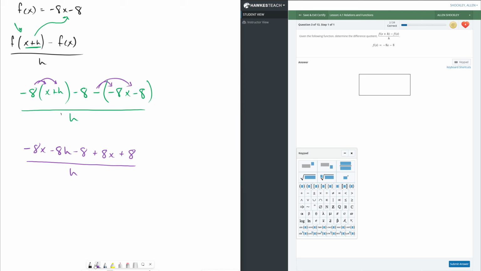So what we're going to do is try our best to combine the things that look the same. So here I have a -8x and a positive 8x. So if I combine those two together, 8x minus 8x is 0. If I have 8 and I subtract 8, those are gone as well, leaving me with -8h over h. And one final simplification says h's cancel, and this whole thing just equals -8.